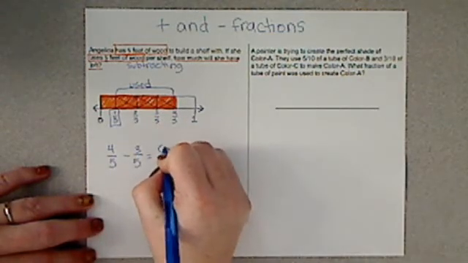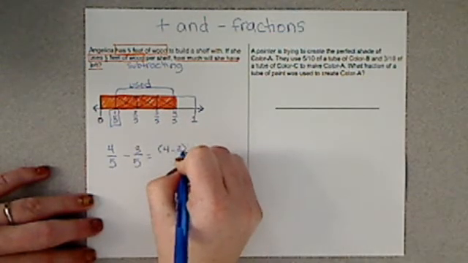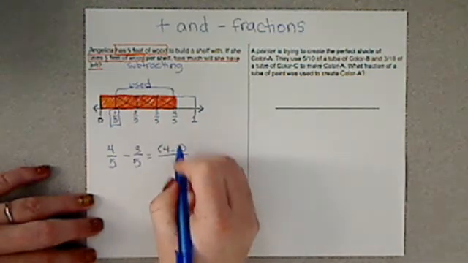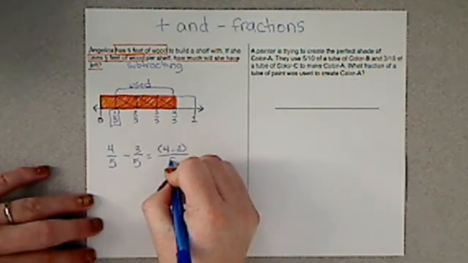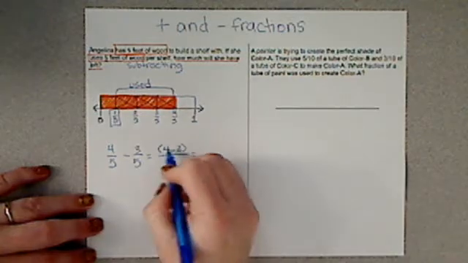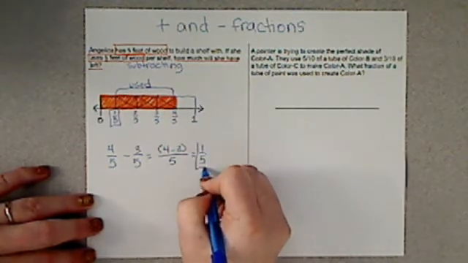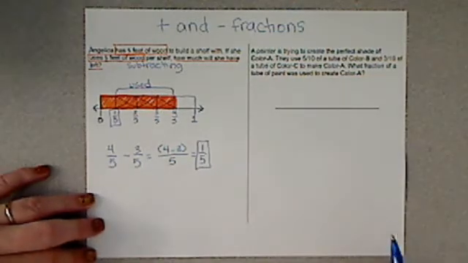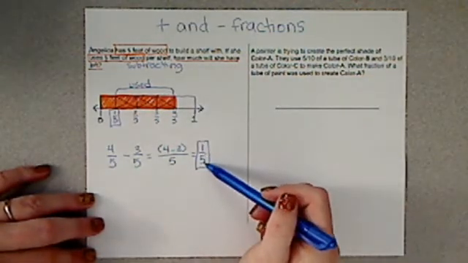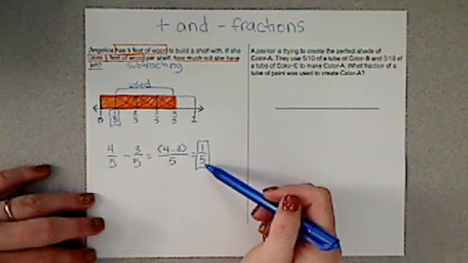So I'm going to subtract 4 minus 3, and that's going to be over 5. 4 minus 3 is 1. My denominator stays the same. Okay, so she had 1/5 feet of wood left.